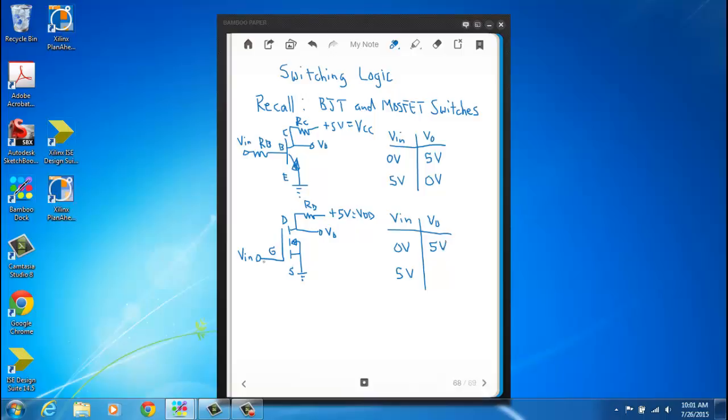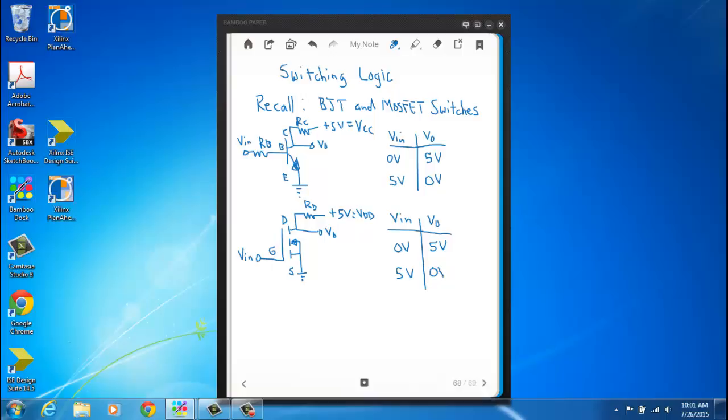Okay, then when Vin is 5 volts, assuming that that voltage is much greater than the threshold voltage, well then the drain to source is ideally going to act like a short, so current will flow through the drain resistor, all this 5 volts will be dropped across it, and there'll be 0 volts at Vout since the drain is connected right to ground.